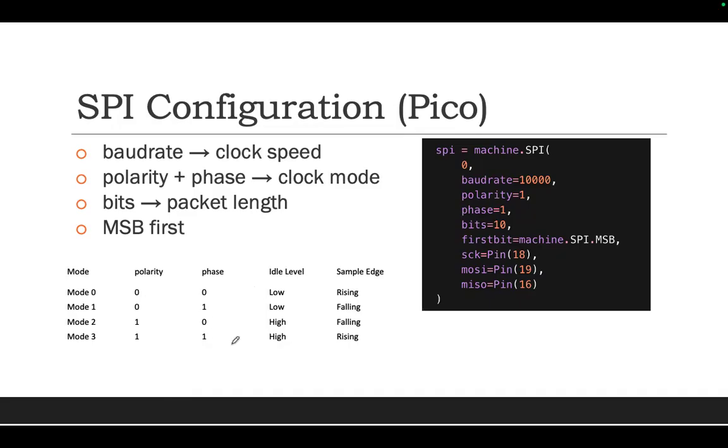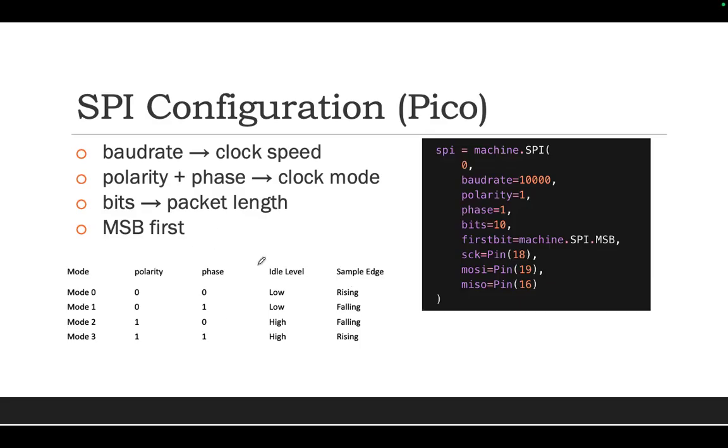If I set it 1, it's always high. If I set the phase 0, I will read data on the rising edge. If I set it 1, I will read data on the falling edge. That makes sense to you?